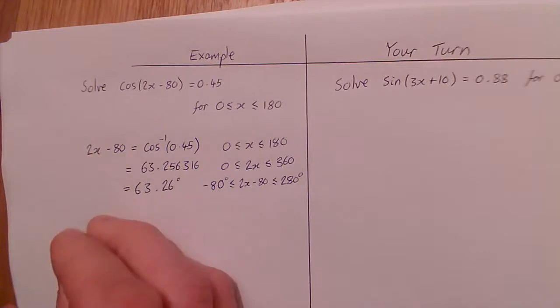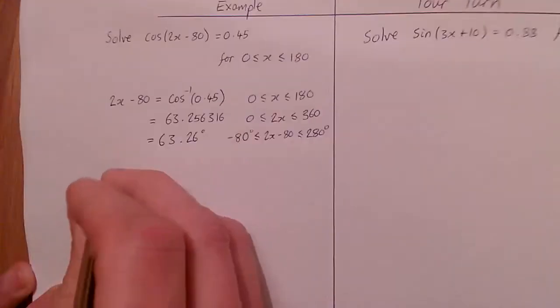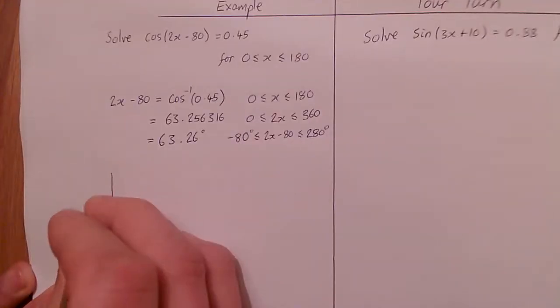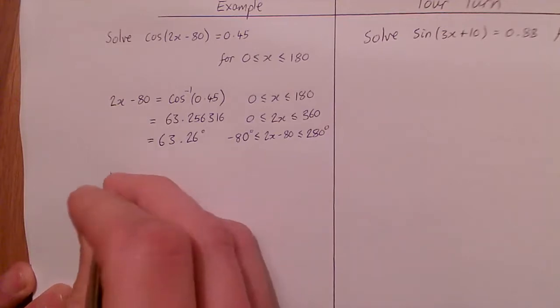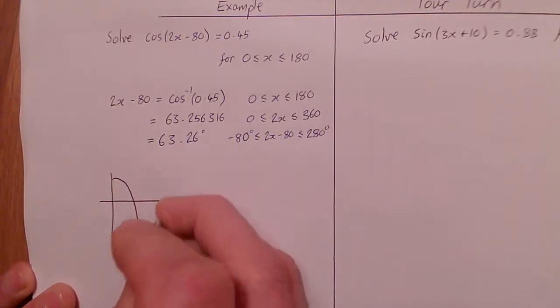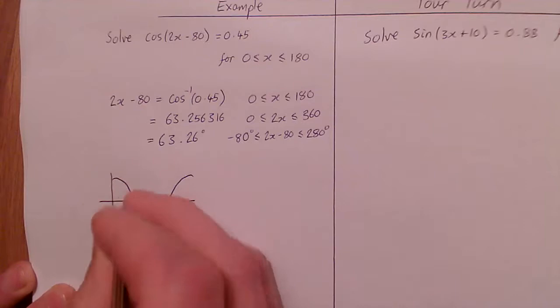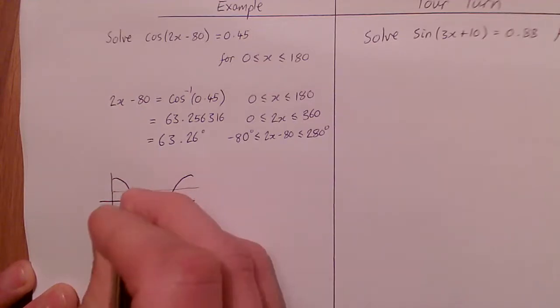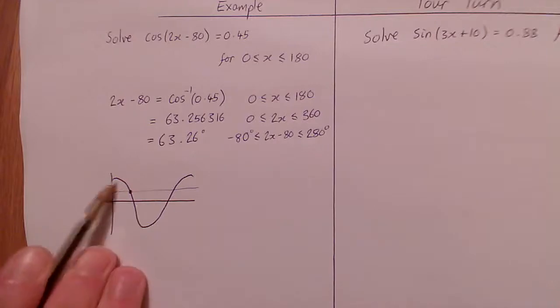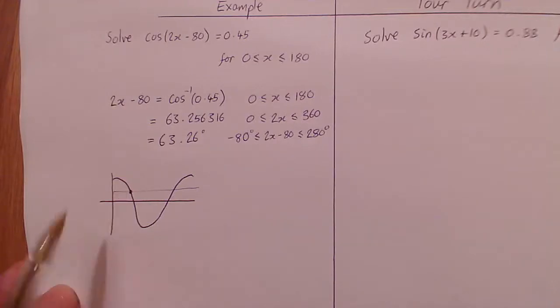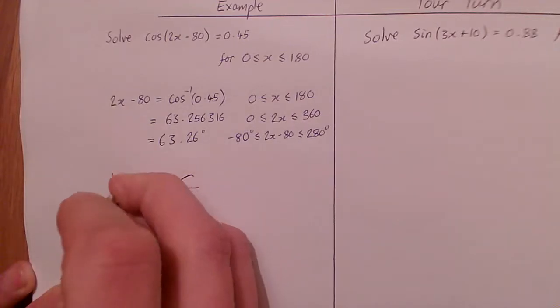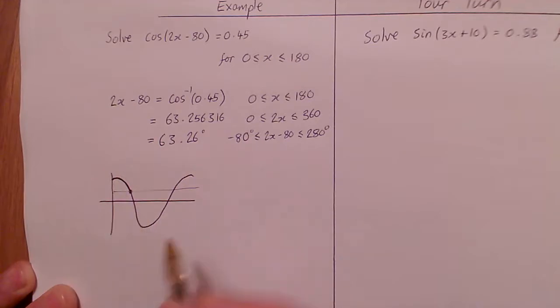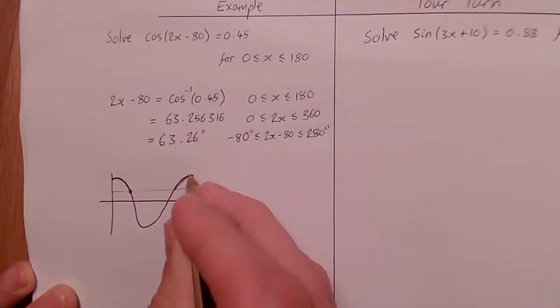Now we're going to find our other angles in the standard way that we have been doing. If we are wanting to find our first angle, I'm going to sketch our cos graph. We're at 0.45, that's about there. So that first angle is 63.26 along. The matching bit of the graph is that one.